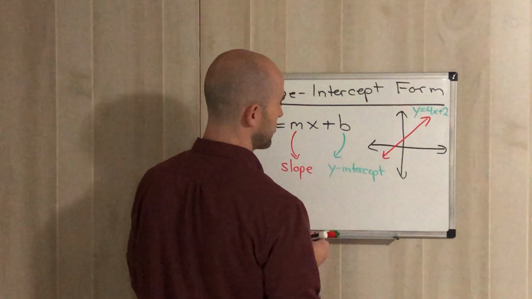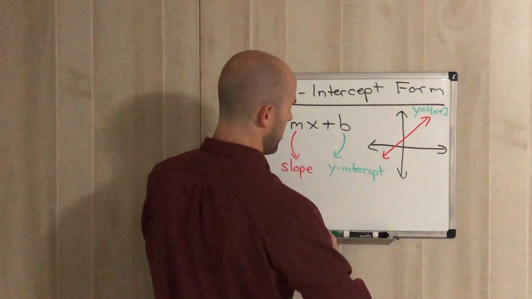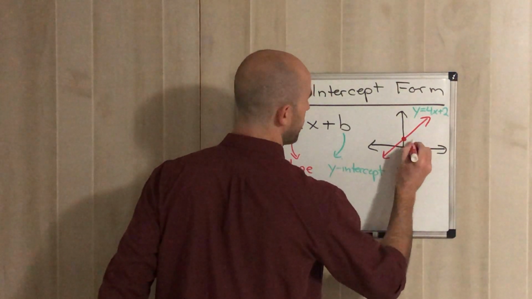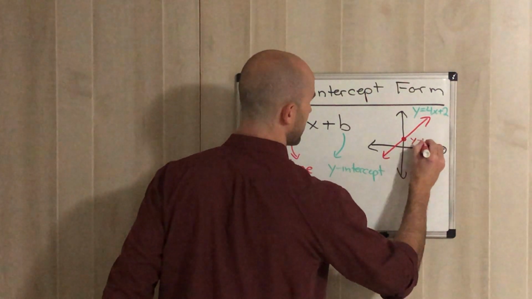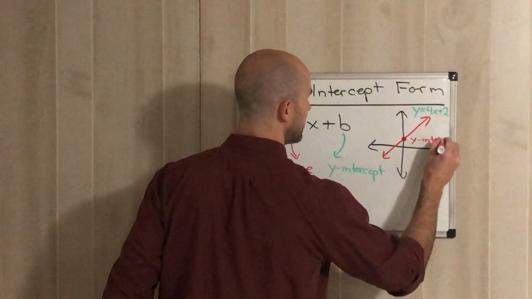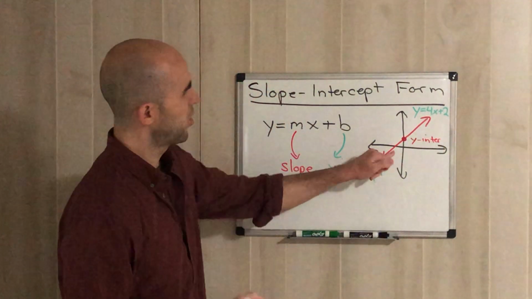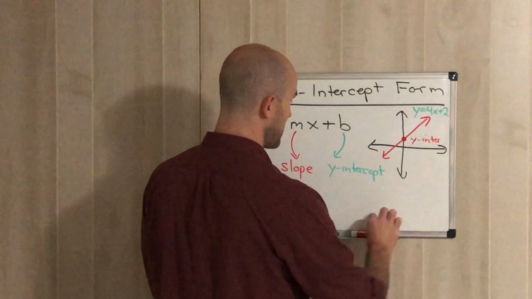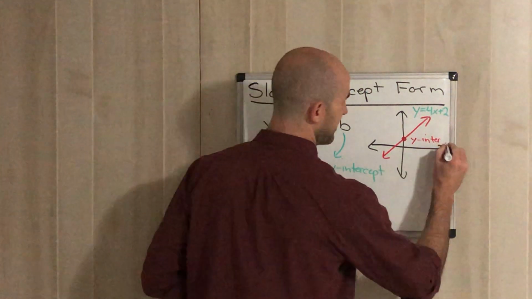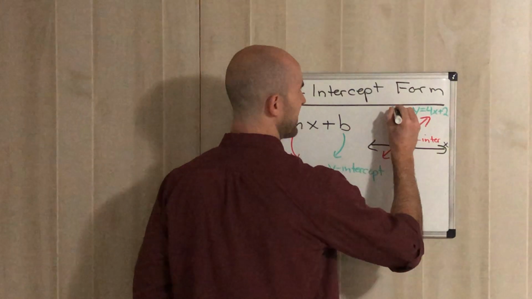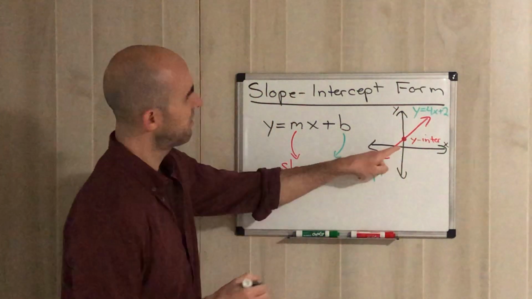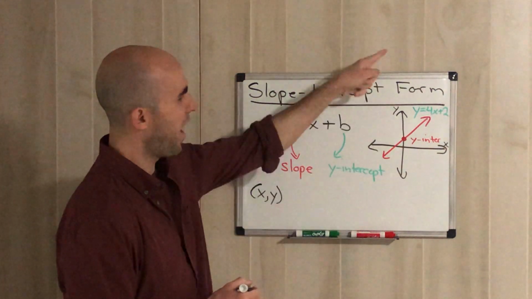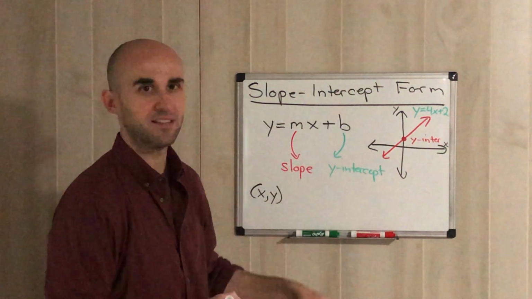What this represents right here, that would be what we call our y-intercept. And a y-intercept just tells you where that line crosses the y-axis, because on every single graph, it has the x-axis and the y-axis. That's all a y-intercept is.